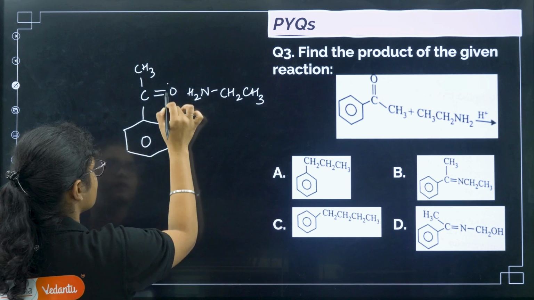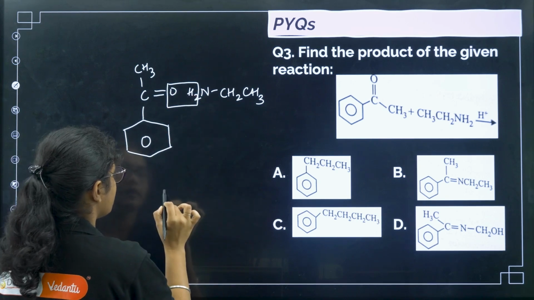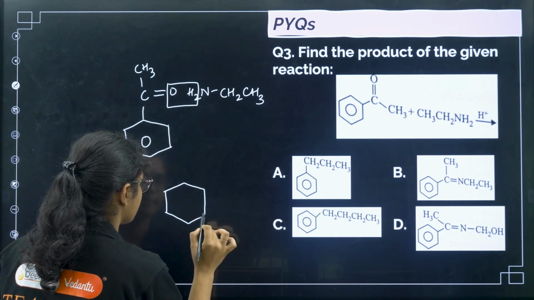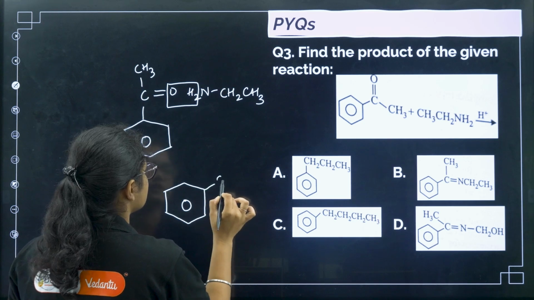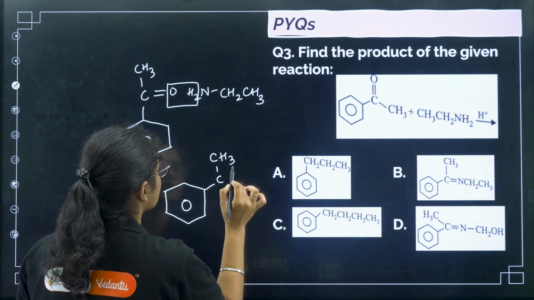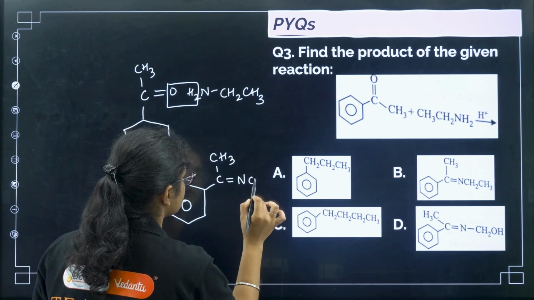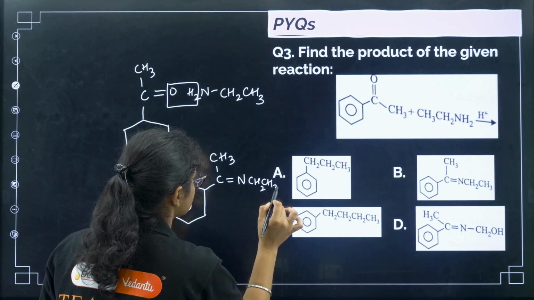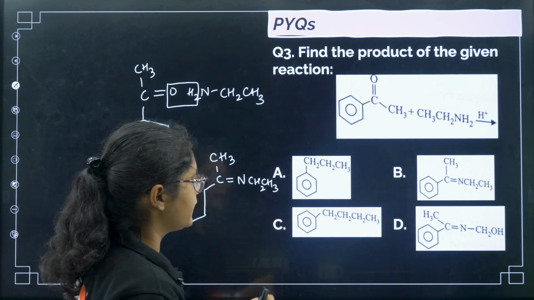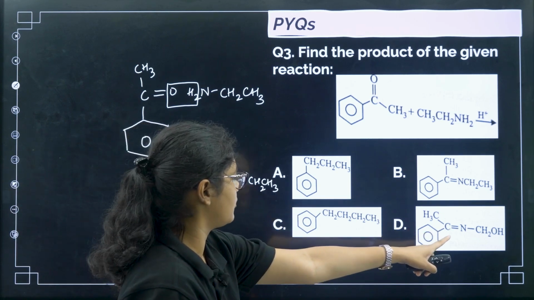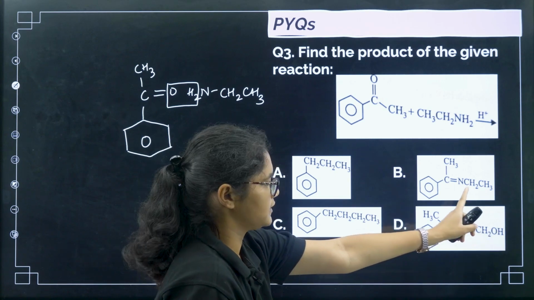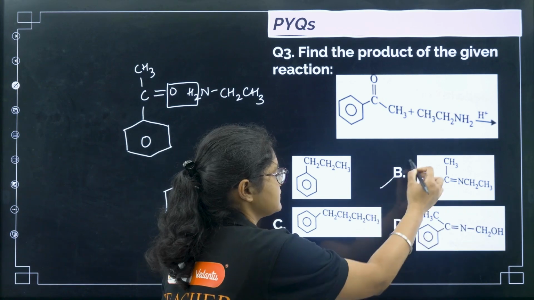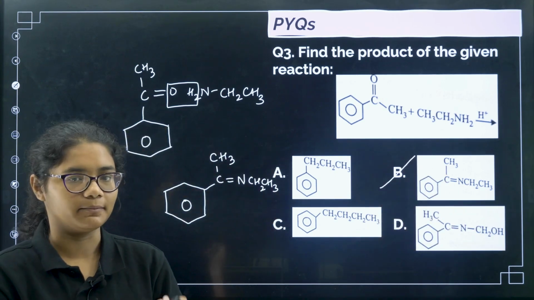So here if you remember, one water molecule is removed and we will have CH3 double bond N CH2CH3. So the correct answer for this question will be option number B.